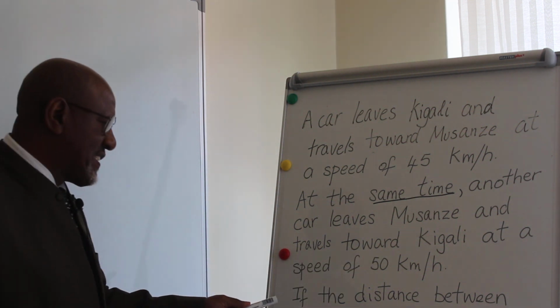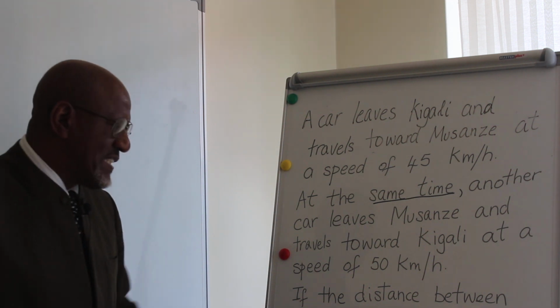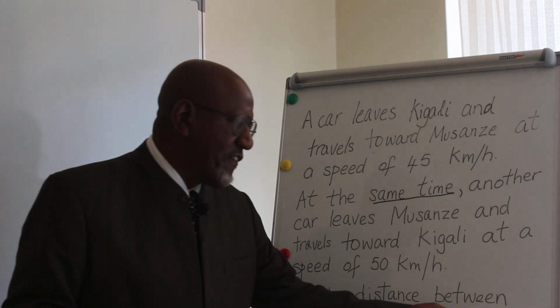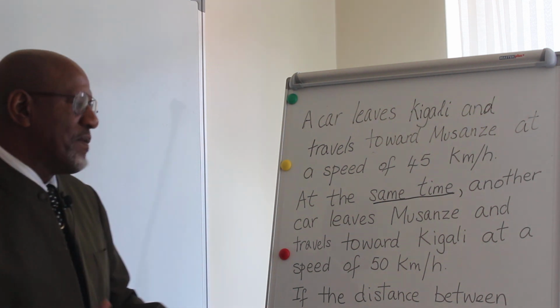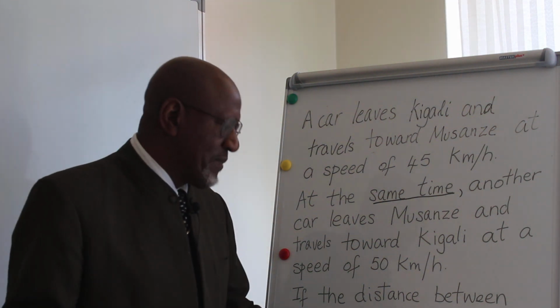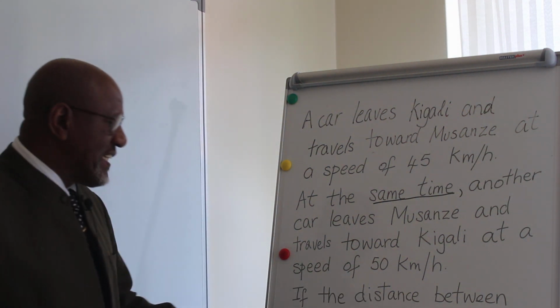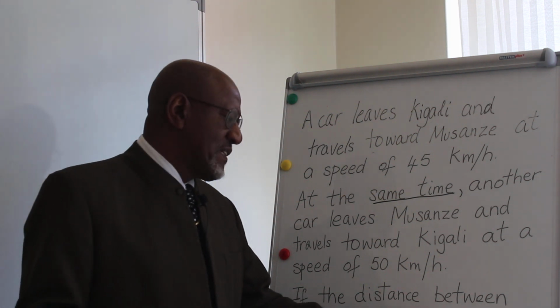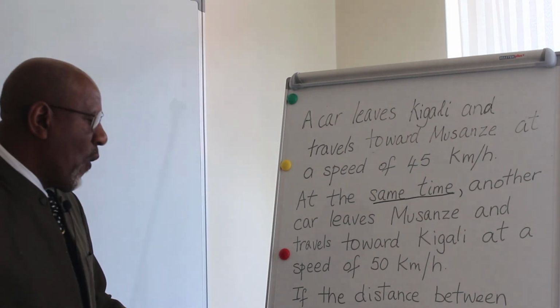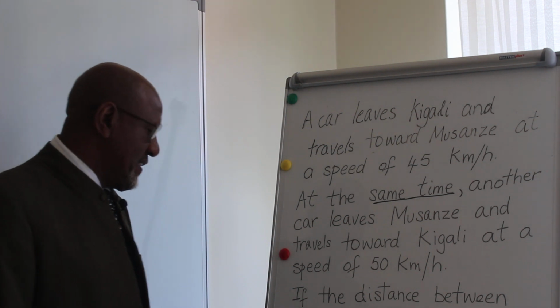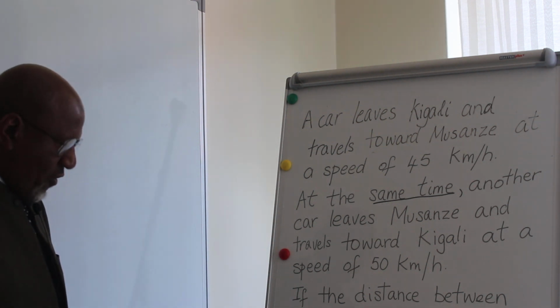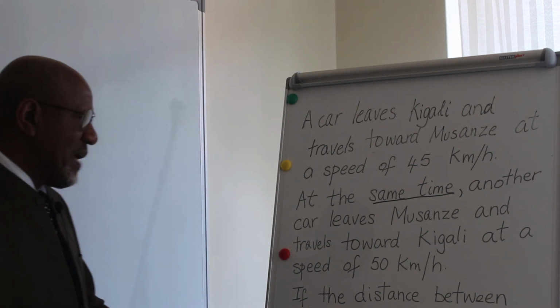If the distance between Kigali and Musanze is, let's say, 95 kilometers, actually the distance is probably about 98 kilometers, but let's use 95, when will the cars meet? How far from Kigali will they meet?